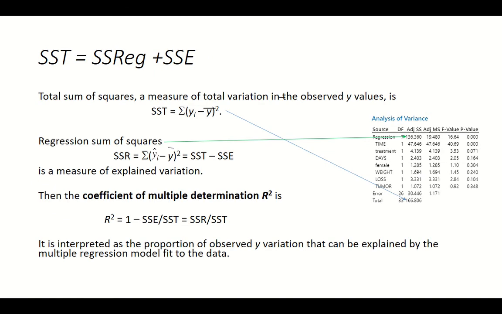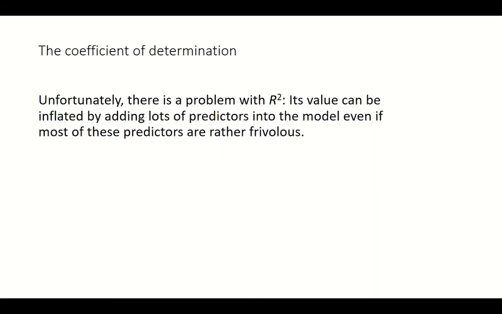So to get the total sum of squares, the adjusted sum of squares is up here. The sum of squares regression is 136. Then this is the total sum of squares, and so you take this ratio, 136 over 166, you get r squared, which is the proportion of the observed y variation that can be explained by the linear model.